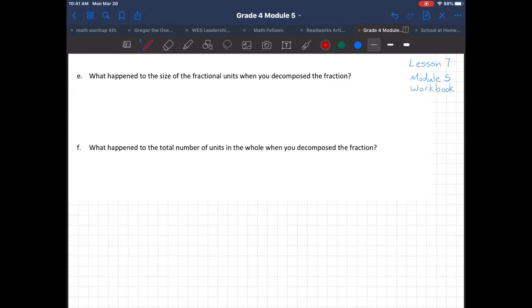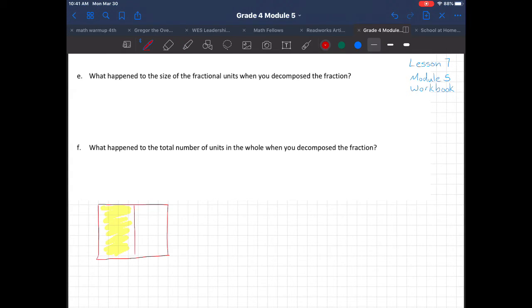E says, what happened to the size of the fractional units when you decompose the fraction? And what happened to the total number of units? Well, I'm going to draw a picture down at the bottom just so we can look at what we're talking about. So I'll make another one of these rectangles. And we're going to shade a half.